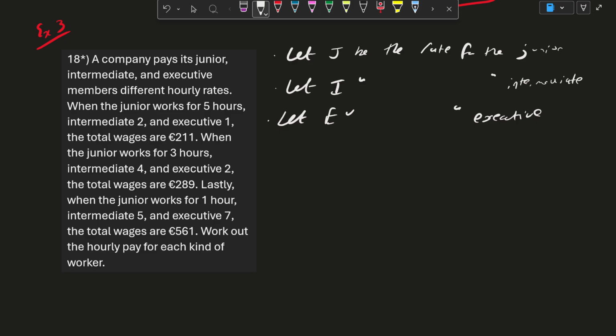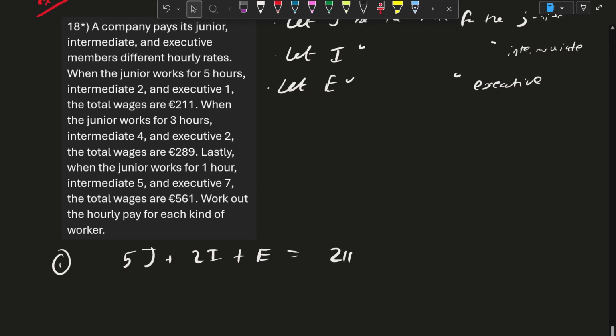And then from here, I'm going to start forming the equations that I need. So when the junior works for 5, intermediate 2, and executive 1, the total wages are €211. When the junior works for 3, intermediate 4, and executive 2, the total wages are €289.